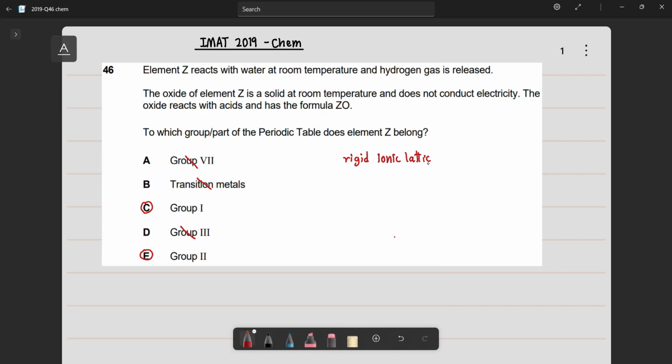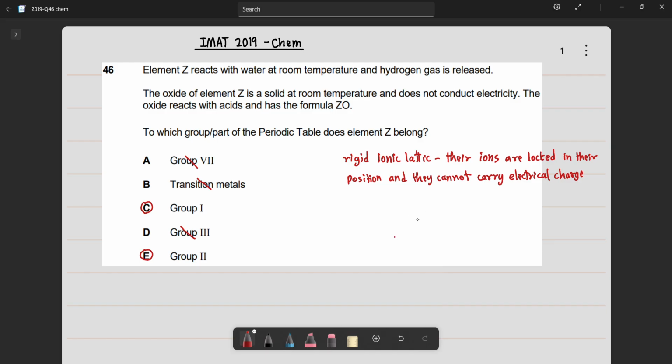That's the reason it does not conduct electricity: the ions are locked in their position, so they cannot carry electrical charge.